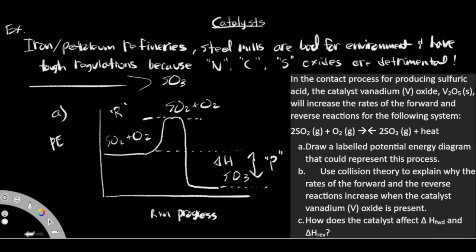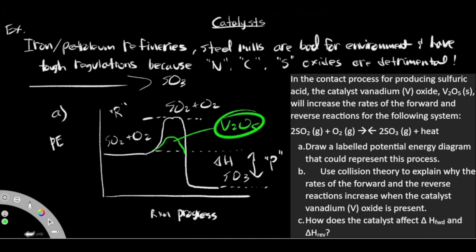What are we going to do for B? Use collision theory to explain why the rates of the forward and reverse reactions increase. So if I were to use a different color, this here would represent a catalyst. So if I were to pinpoint that, this would be your V2O5.